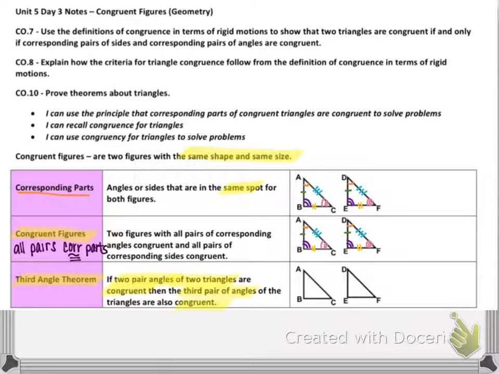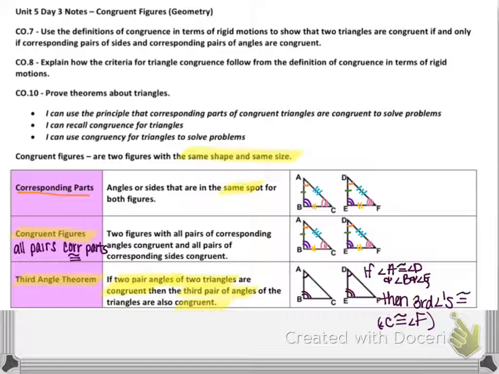So basically, if I know that angle D and angle A are congruent, and angle B and angle E, for example, are congruent, then the third angles are congruent, meaning that angle C is congruent to angle F. So that's going to come in handy a little bit later when we can only prove that two angles are congruent.